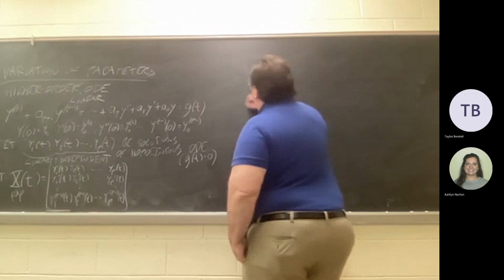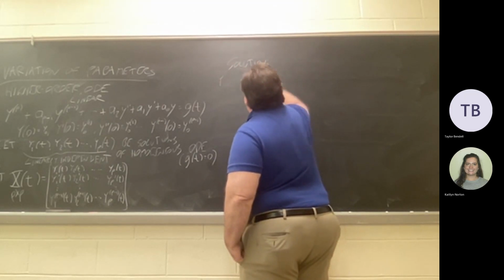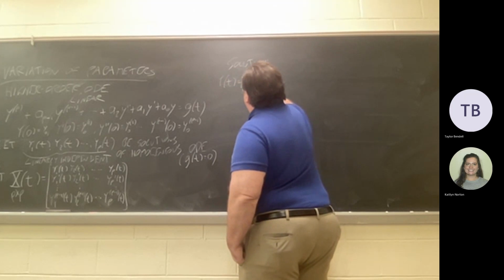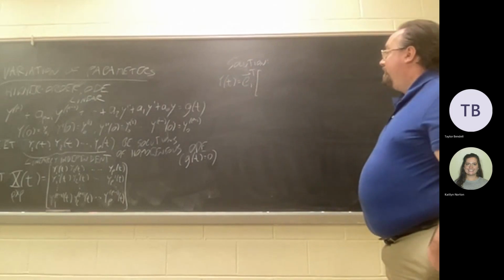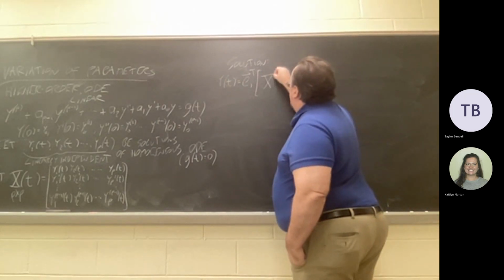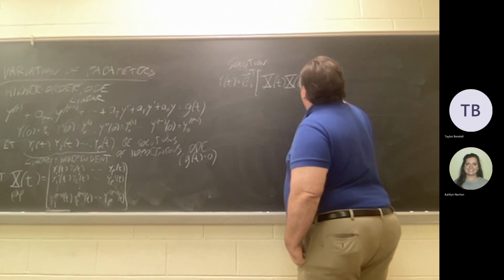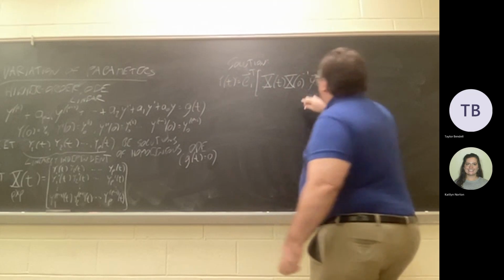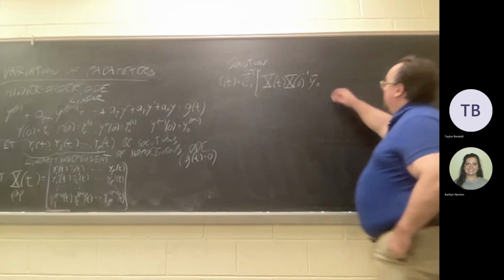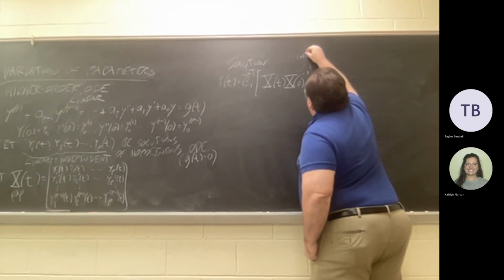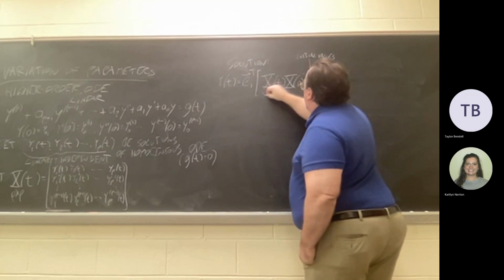So what happens is we get y of t is the first component of X of t, X of 0 inverse, times the vector of initial values. I'll just call the vector y naught.